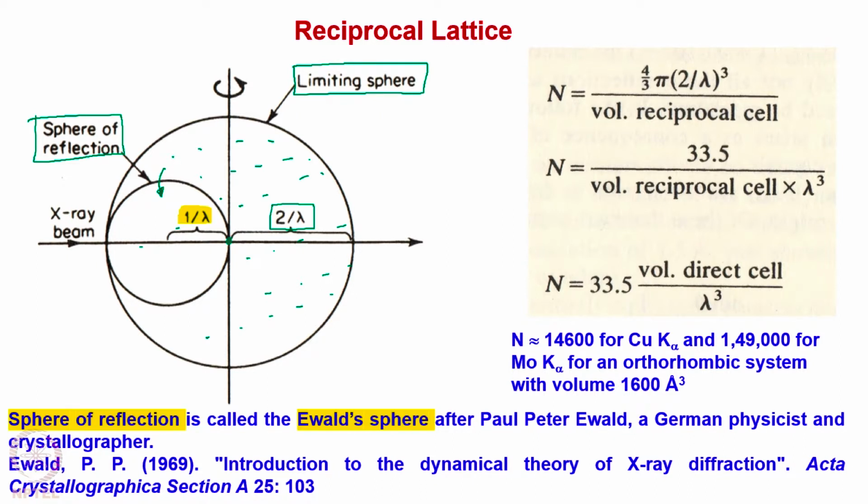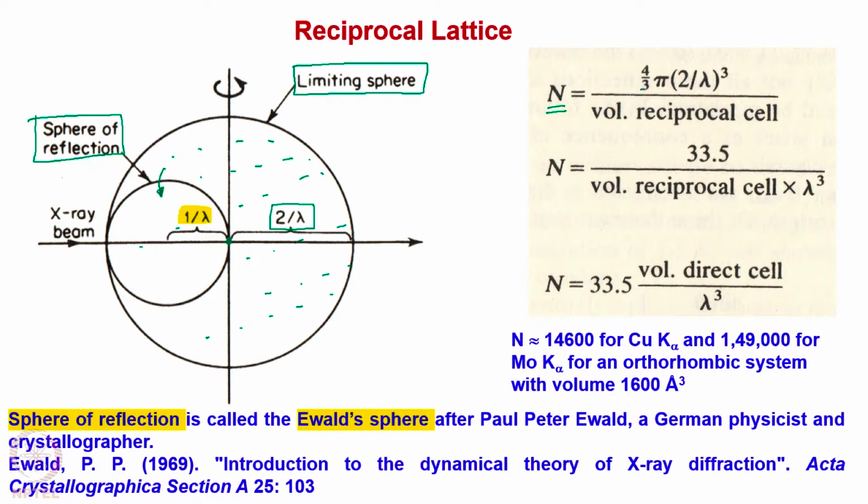So, utilizing this concept and assuming that there is one reciprocal lattice point per unit reciprocal lattice volume, one can calculate the number of reflections that can be obtained from a given crystal.